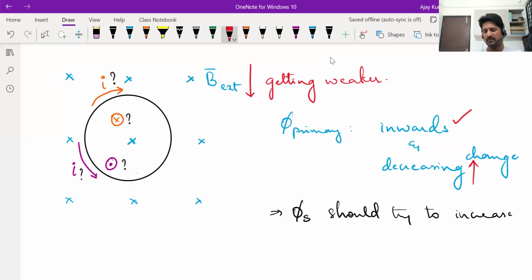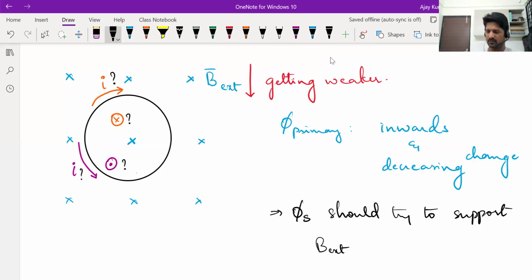Now tell me, which of those currents, clockwise or anti-clockwise, can produce an inward flux? Clockwise. Clockwise current, correct. So I should say secondary flux should try to support the external field.